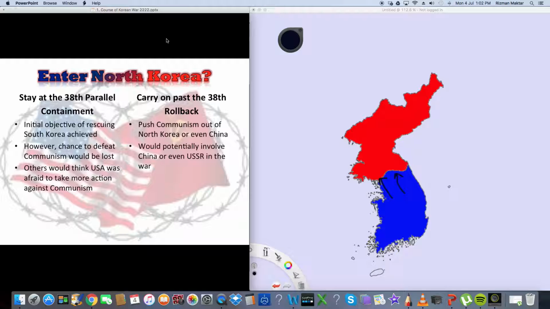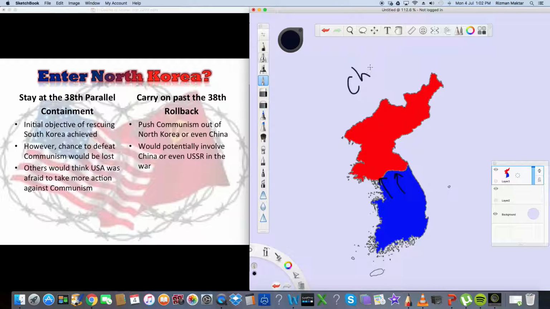However, by doing that, first, there's China right on top here. If you push into North Korea, China will retaliate. And even worse, the USSR is on top of China, so will the USSR get into the war as well?